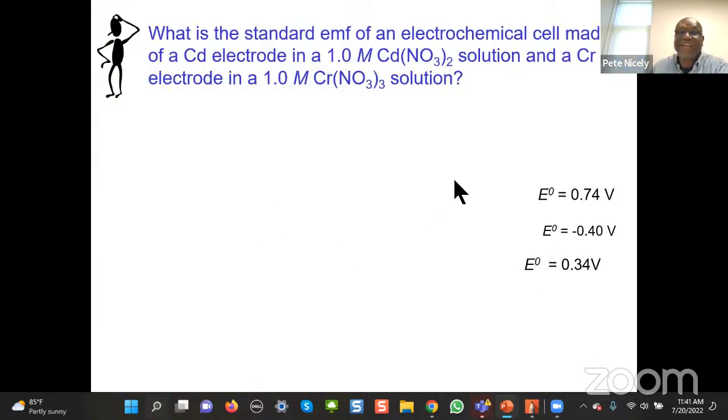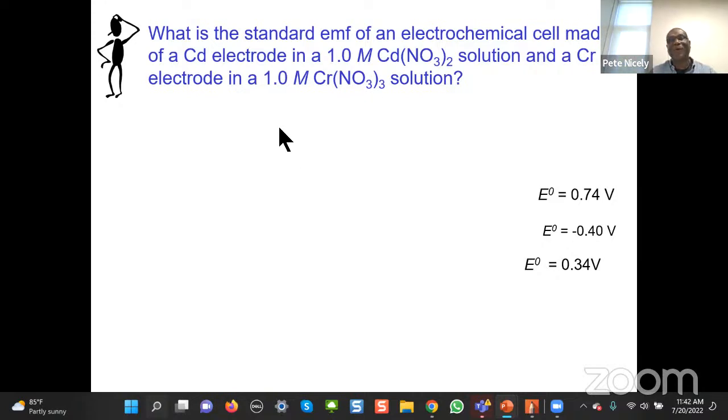Okay, so let's look at this example here based on what we have just discussed. So the question is here, what is the standard EMF of an electrochemical cell made up of a cadmium electrode, which is dipped in a 1 molar solution of cadmium 2 nitrate solution, and a chromium electrode dipped in a solution of 1.0 M chromium nitrate solution?